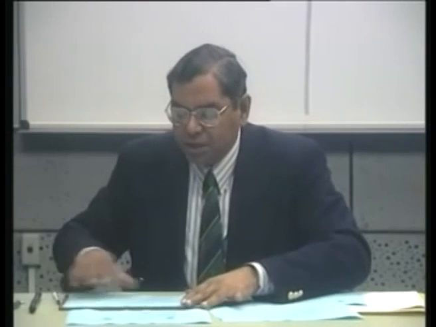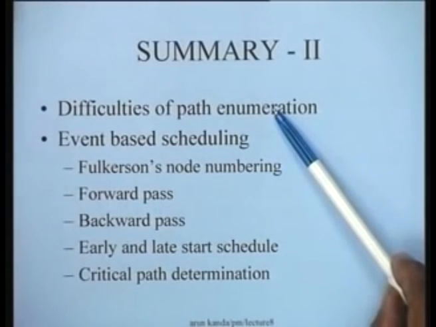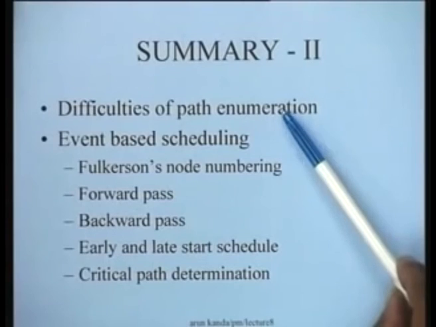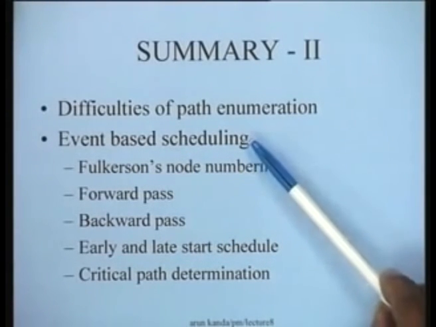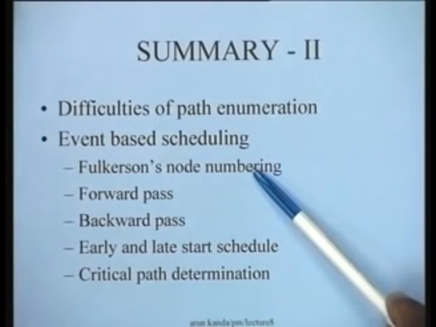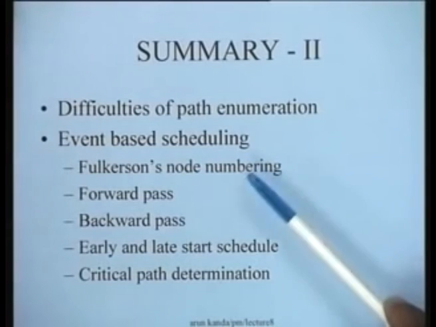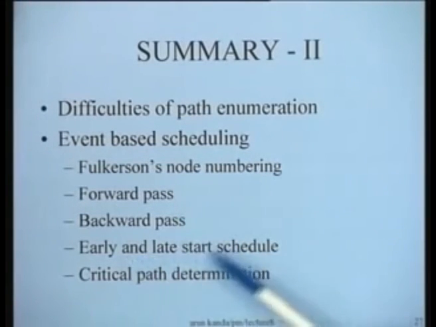We saw that there were difficulties in the path enumeration algorithm, primarily because there could be a large number of paths and enumerating all the paths is difficult. Therefore, the event based method of determining the schedules was much more efficient. It had these basic steps: Fulkerson's node numbering, a forward pass, a backward pass, early and late start schedule determination, and then determination of the critical paths.